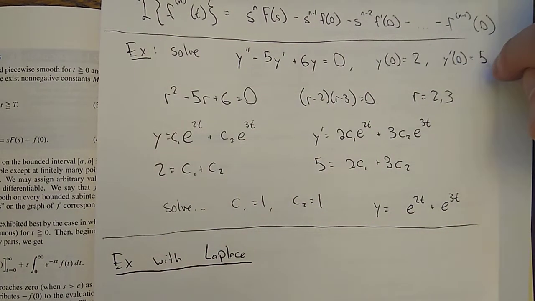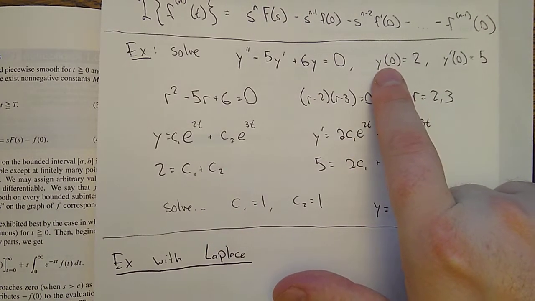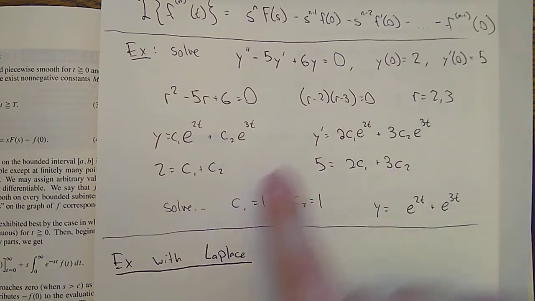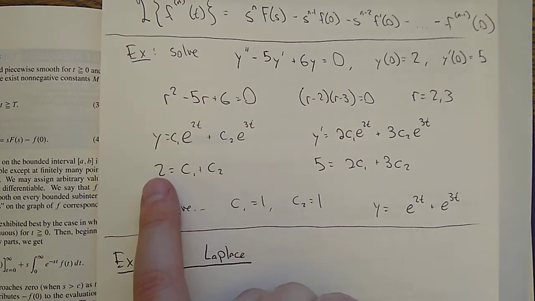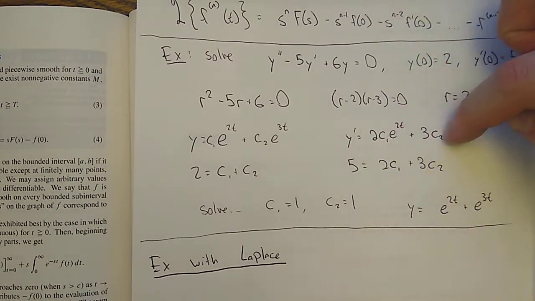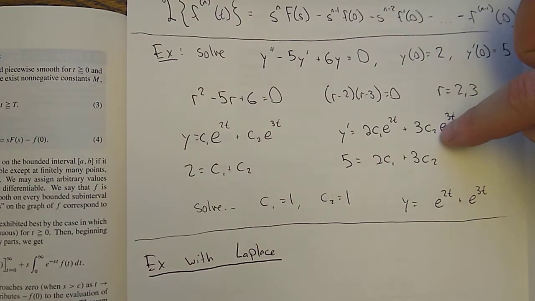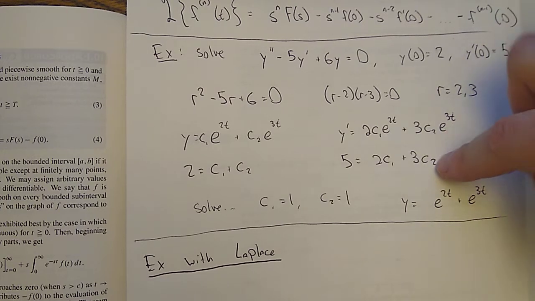I did have initial conditions, so I would want to solve for C1 and C2, and the way I do that is I need y of 0 and y prime of 0. So here I can do y of 0 already, so I put in 0 for t. And then here I have to figure out the derivative of what I wrote. So I did the derivative of this to get this, and then I plugged in 0 there to get this.